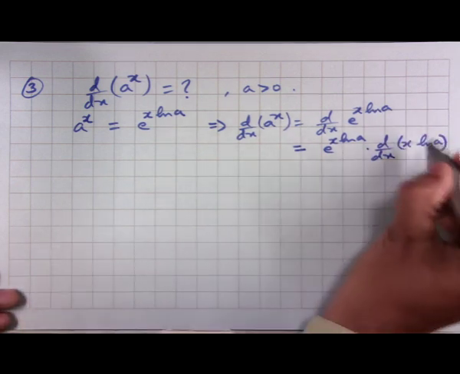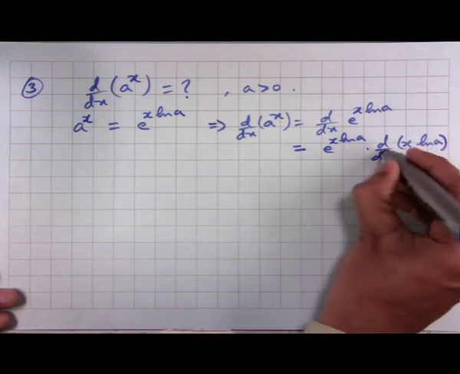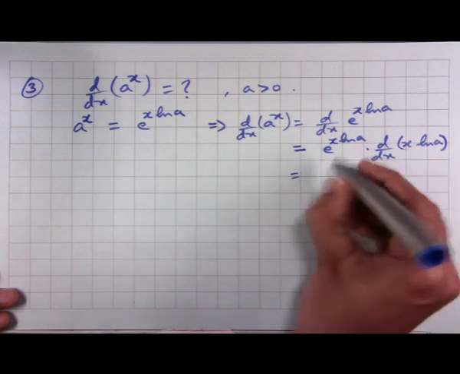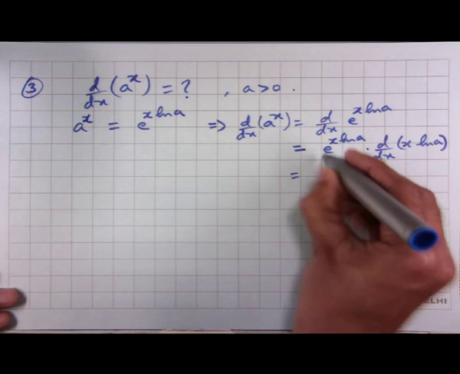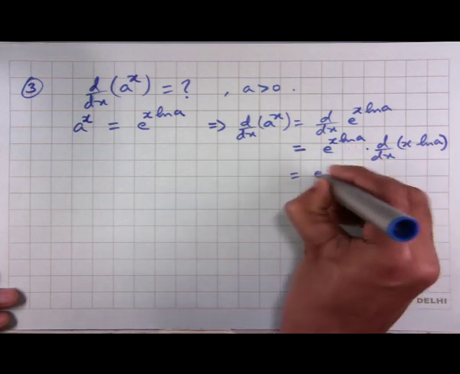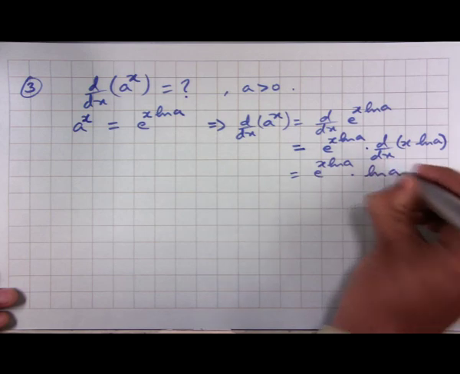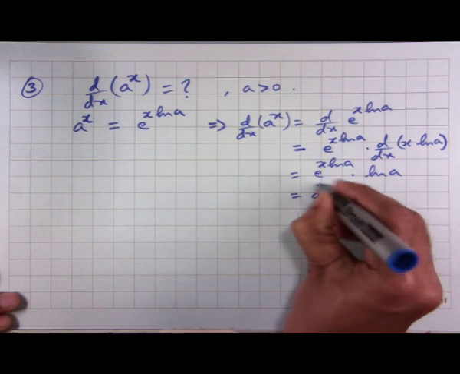Now, here natural log of a is a constant. So, d by dx of x times ln a is simply equal to ln a. So, this is equal to e to the x ln a times ln of a, and e to the x ln a is equal to a to the x.